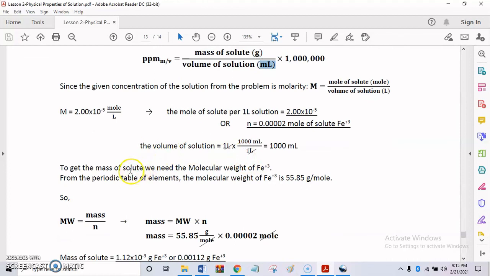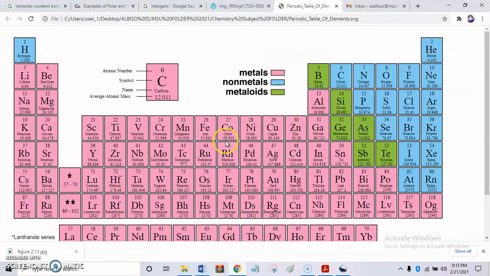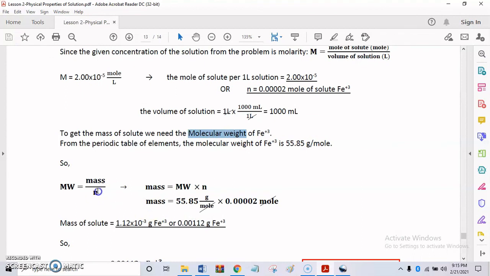So to get the mass of solute, we need the molecular weight of iron, which is 55.85 gram per mole. From the periodic table, iron is 55.845 gram per mole. So the molecular weight is mass over mole. By interchanging that, we can get molecular weight times the mole.